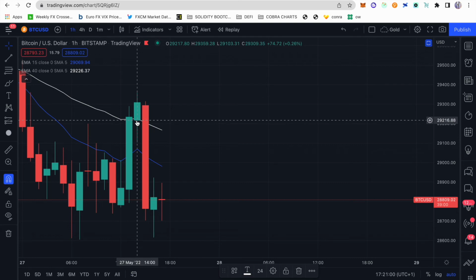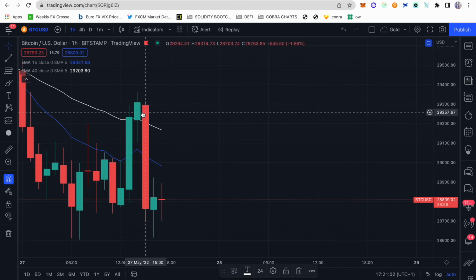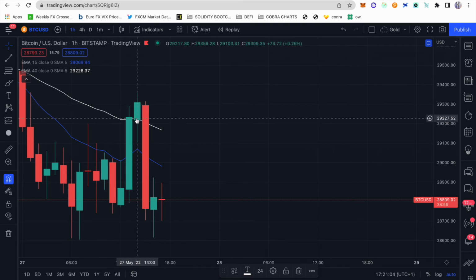And the body of the candle shows you the opening and closing price. So the opening price would be somewhere here at 29,215, and the closing price will be somewhere here at 29,310.